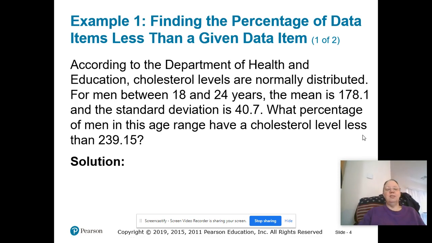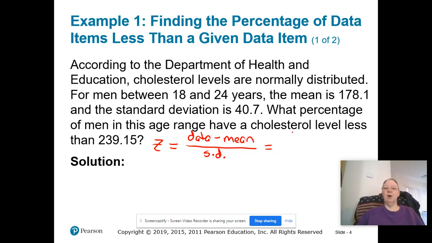So, first thing we have to do is find a z-score. Remember from the last section, a z-score is equal to the data item minus the mean divided by the standard deviation.